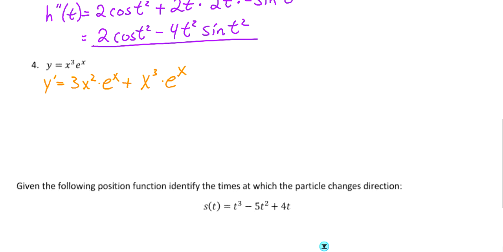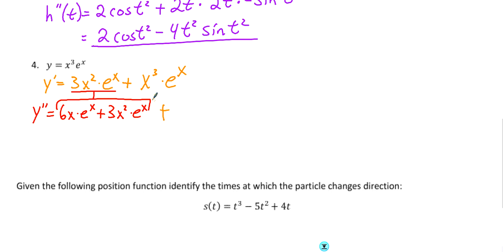So now we're going to take the second derivative. So when I go to take y double prime, and I go to take the derivative of this first part right here, I've got product rule. So I got to do product rule again. So the derivative of first is 6x times e to the x plus 3x squared times e to the x. So this is the derivative of that.